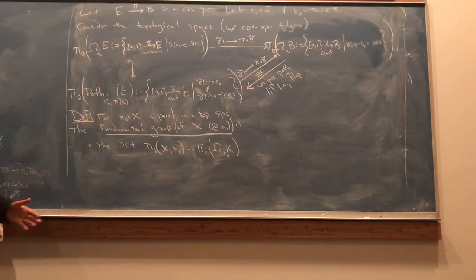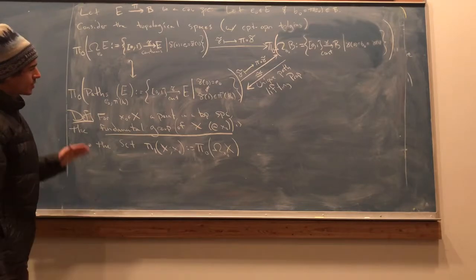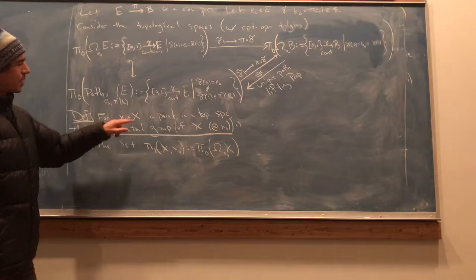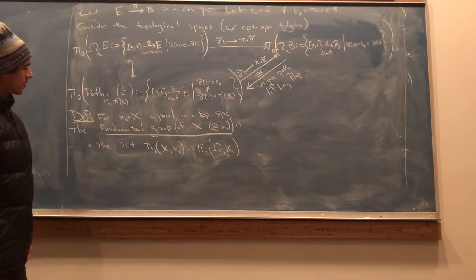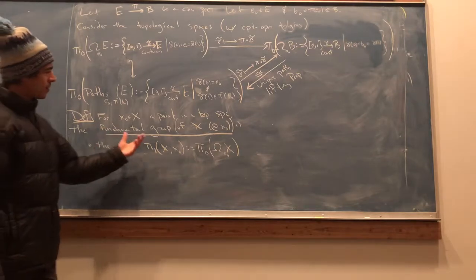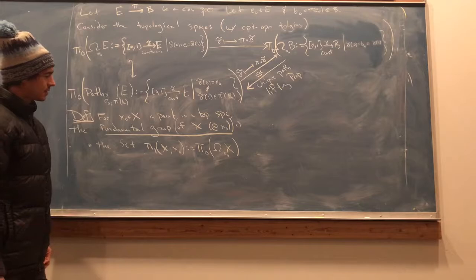So to state that corollary, which is the main corollary of all this, let's introduce a definition. In general, given a point in a topological space, you can define this set, which is called the fundamental group of x at little x naught.